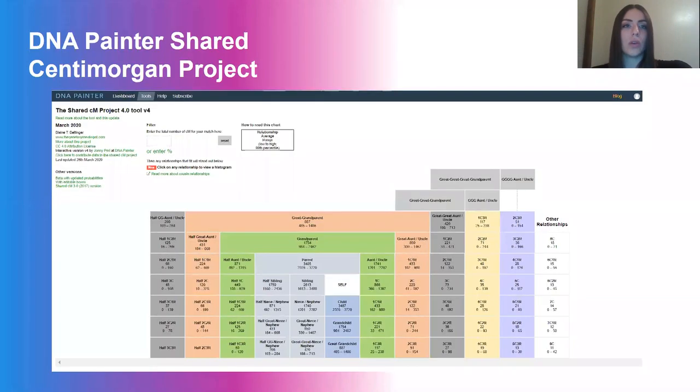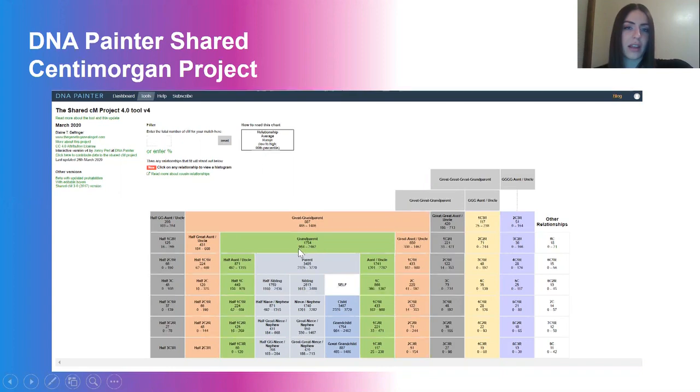So this is the tool that is also on DNA Painter. It's called the Shared Centimorgan Project. If you look at the chart, here you are right here, and it shows the range of centimorgans that you're likely to share with someone with a specific relationship. So if you look with a parent, you share between 2,376 centimorgans and 3,720 centimorgans.